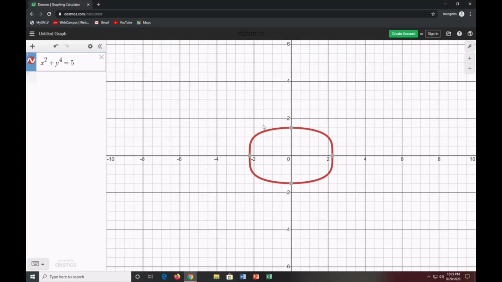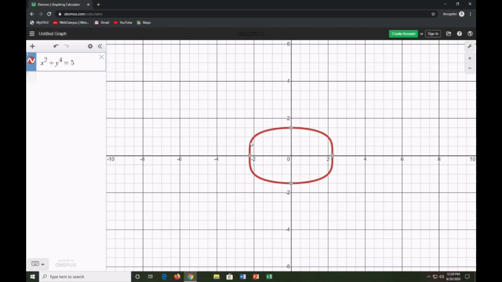We know that if any geometric or mathematical entity fails the vertical line test, it's not a function. So this is not a function, but it's a mathematical entity. It's an equation of some kind. Okay, and this was the first case that I had on the worksheet. So here, if you replace the y with negative y, you will end up with the same exact equation as before.